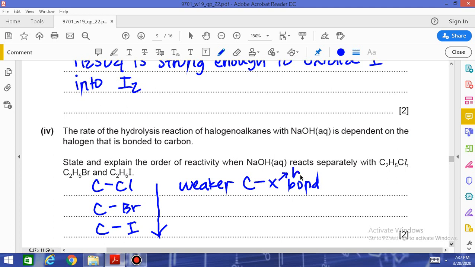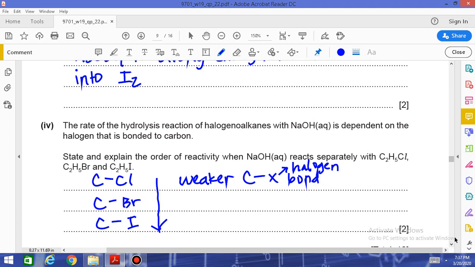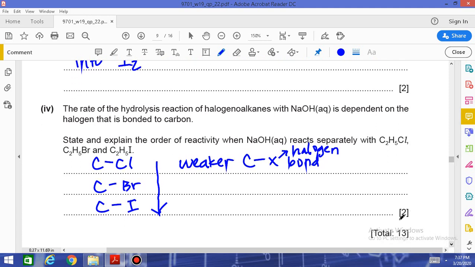X represents halogen. Okay, so in this case, less energy is required to break the bond, so the reactivity increases as we go down the group. So bromoethane is more reactive than chloroethane.